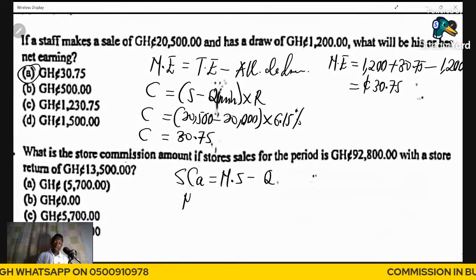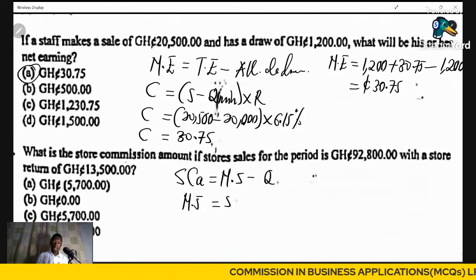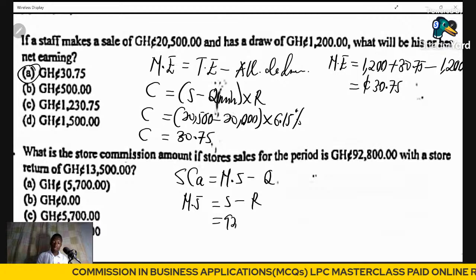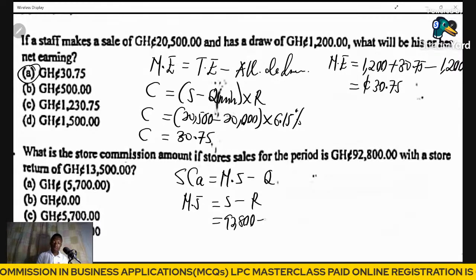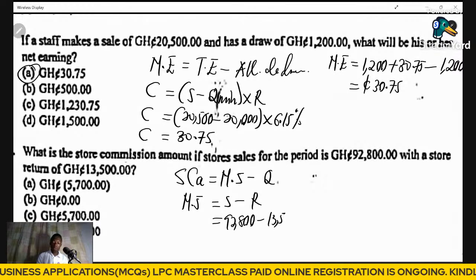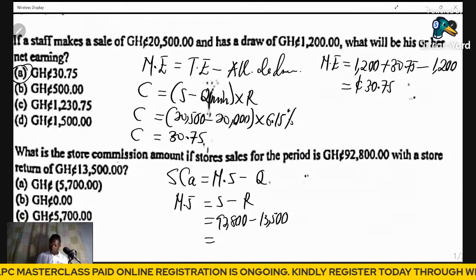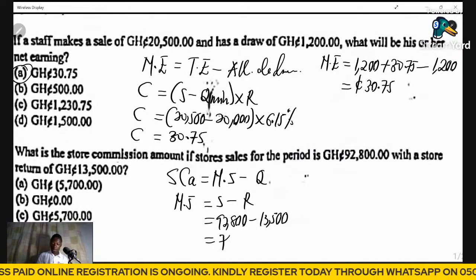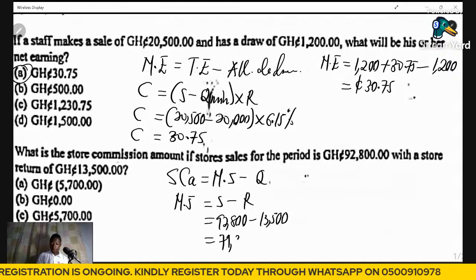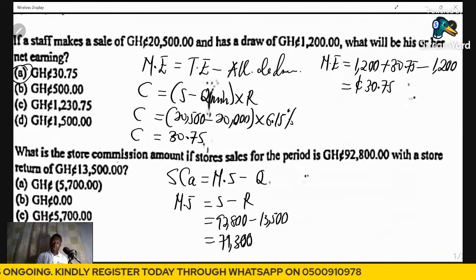That is the simple formula. So let's get the net store sales, which is equal to the sales minus the returns. The sales was 92,800 minus the returns of 13,500. When you take the difference between the two, you arrive at 79,300.